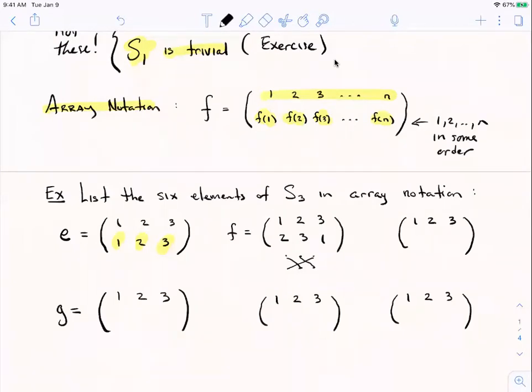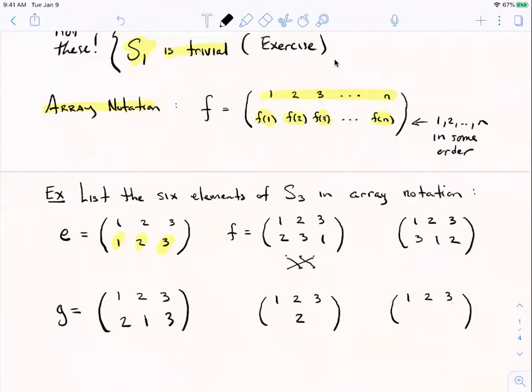I'm just going to list all 6 of them. I'm not going to give them names here for a second other than this one, G. G, we always called the permutation that sends 1 to 2, it sends 2 to 1, and it sends 3 to itself. You can draw it, but I'm going to write it in array notation. And then I'm just going to write the other ones here. We would have 3, 1, 2 as a possibility.